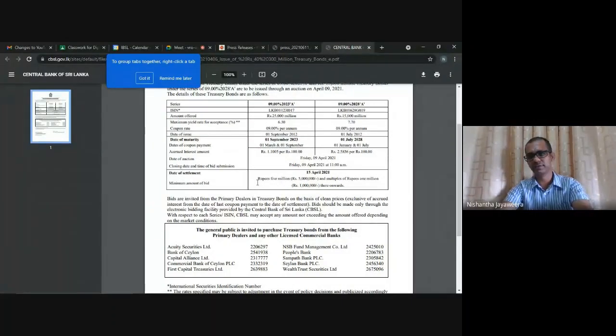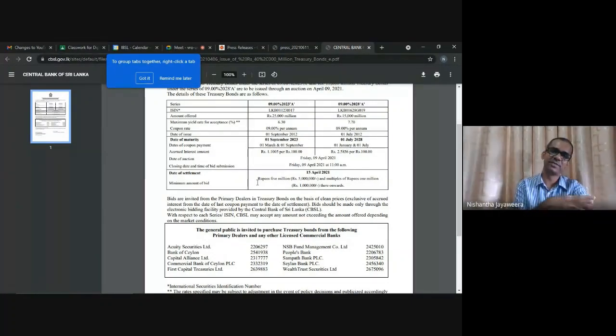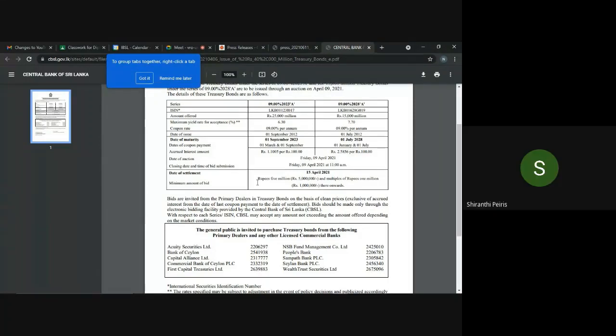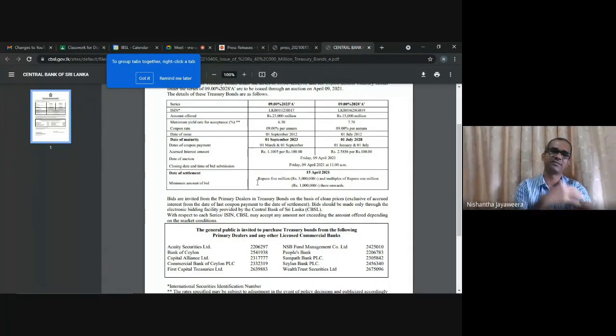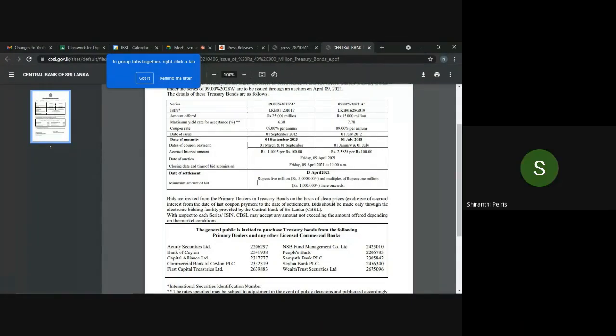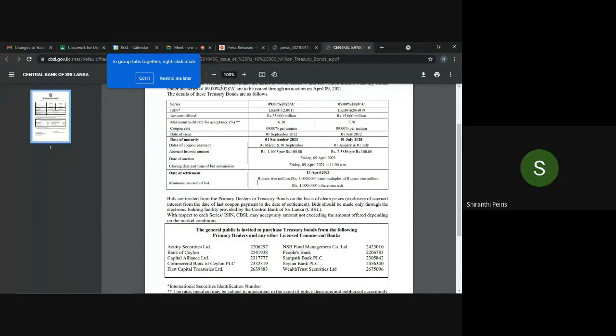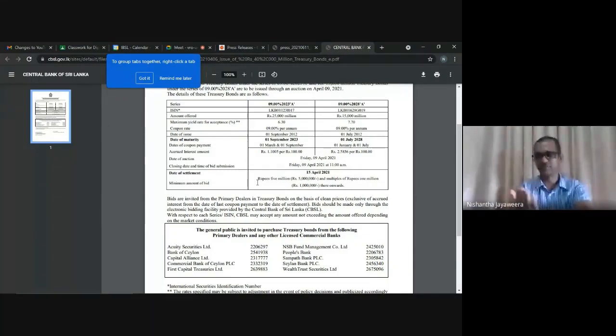If you have the bid sheet, what you have bid. Result sheet can be, yes. Once the yield is decided, you can decide the price and send it to you. This is the result sheet, they have mentioned either way, because when you know the yield, you know the price.